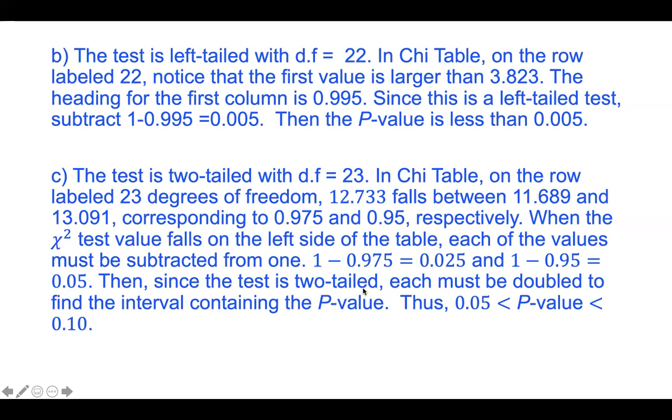Since it's a two-tailed test, each must be doubled to find the interval containing the p-value, like we did before. So we multiply everything by 2 to get 0.05 is less than the p-value, which is less than 0.10. And we kind of did this before.